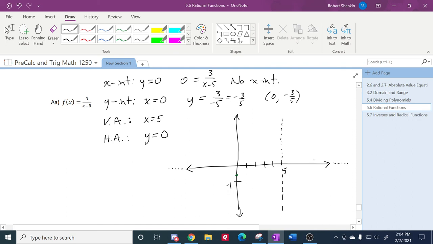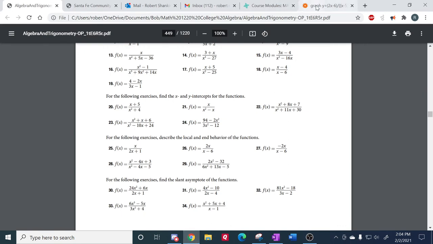Now, I might guess over here and up here, going up and down, and I don't have to guess though. I could just say, alright, does this information jive, remember this 3 over x minus 5, with Wolfram Alpha?